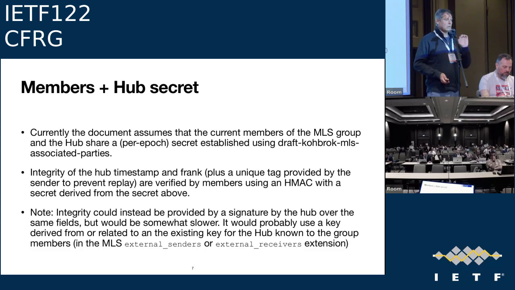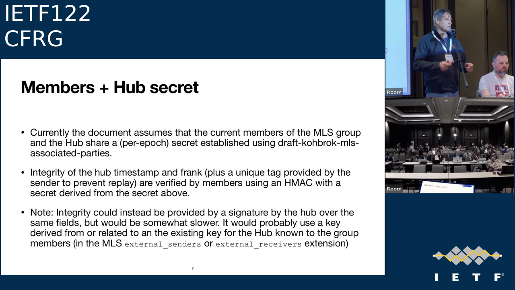Yeah, so one of the assumptions here is that the integrity check currently takes advantage of an individual draft in MLS called the associated parties draft. This allows a group that has a secret for its members, which changes as the membership of that group changes, to have a parallel set of keys, which are for the members plus the hub provider.